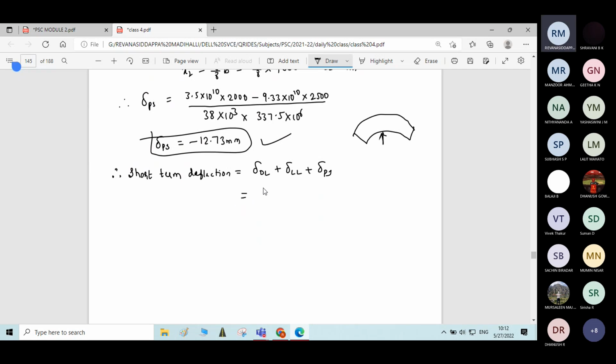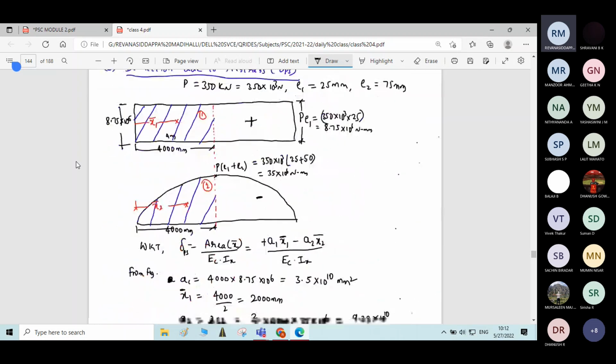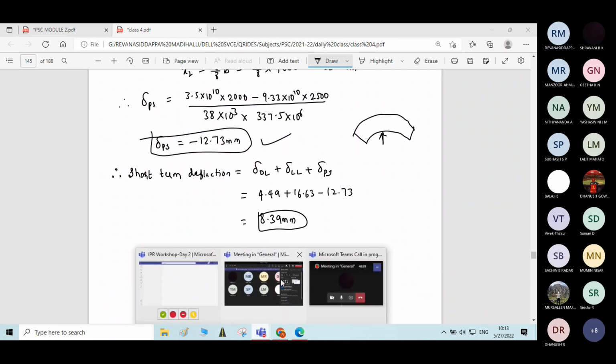Deflection due to dead load is how much? 4.49 plus 16.63 minus 12.73. So by this you will get the answer as 8.39 mm.